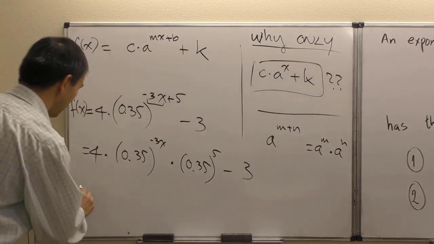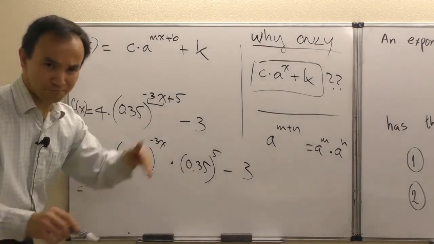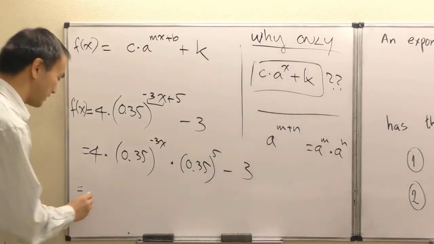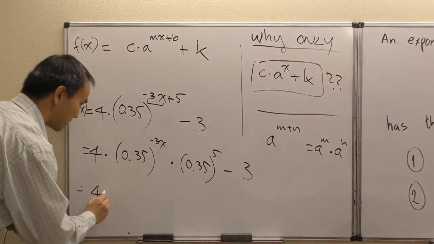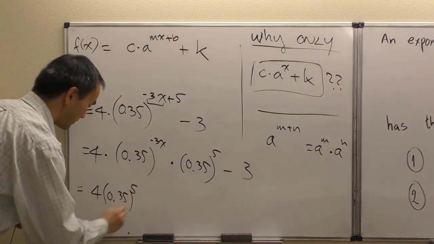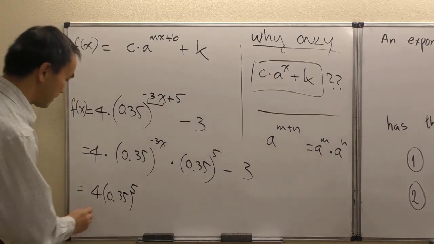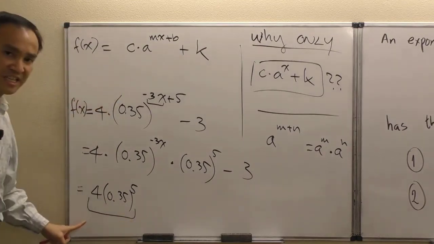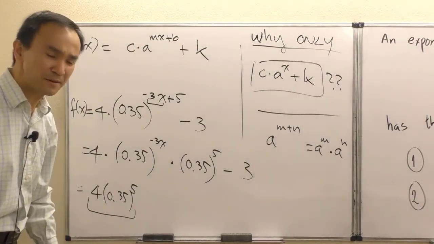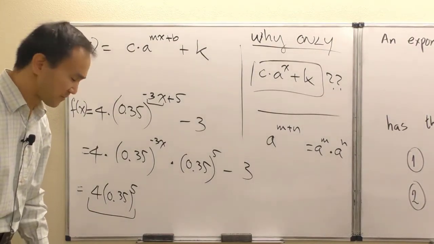Really, I'm not going to rush over to my desk and grab a calculator or anything like that. So now I'm going to have 4 times 0.35 to the 5th power. That's one part. I keep it there, and I know it will have a definite value.